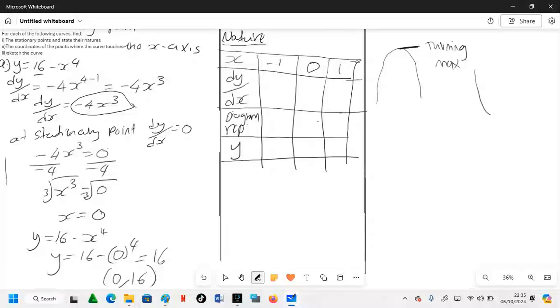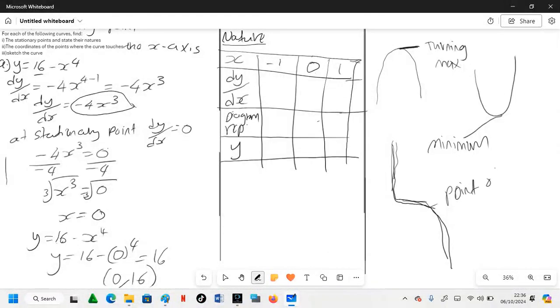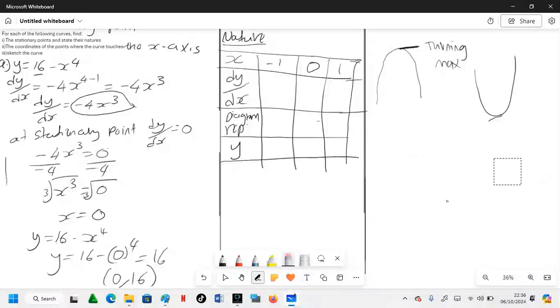If we have a U, then the turning point or the stationary point is a minimum. And if we have a curve that looks like this, then it's the point of inflection. This one is discussed in detail in the previous video that I've made. So if it doesn't look familiar, you can feel free to go back there and check.